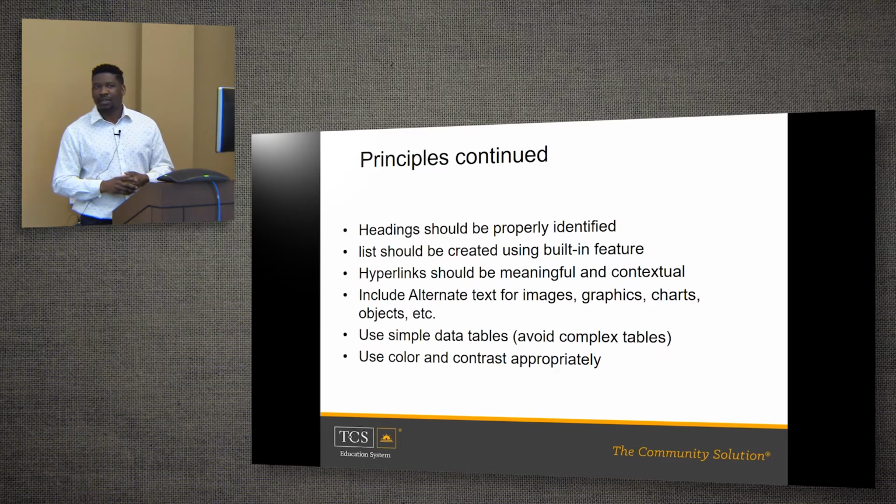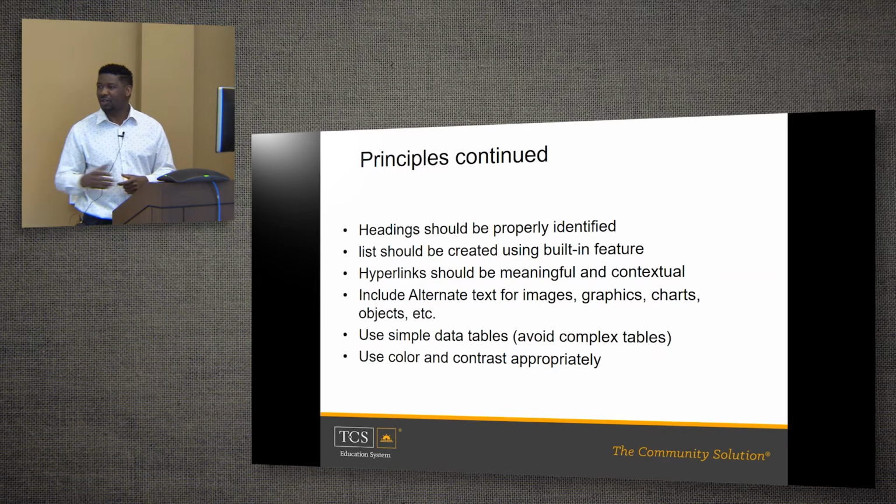Another one is when we are, especially when you look at a lot of our syllabus, we tend to include tables in our syllabus. In some cases, those tables are inaccessible. An example of an inaccessible table might be a table that has nested tables, or a table that, instead of using the built-in table builder, you create your own table within a table so that you can have multiple cells.